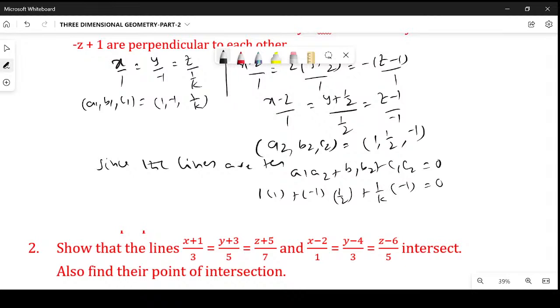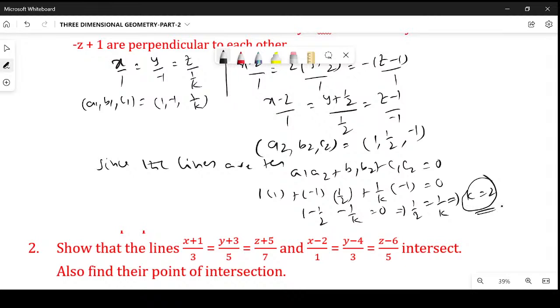Simplifying, you will get 1 - 1/2 - 1/k = 0. So 1/2 = 1/k, which implies k = 2.